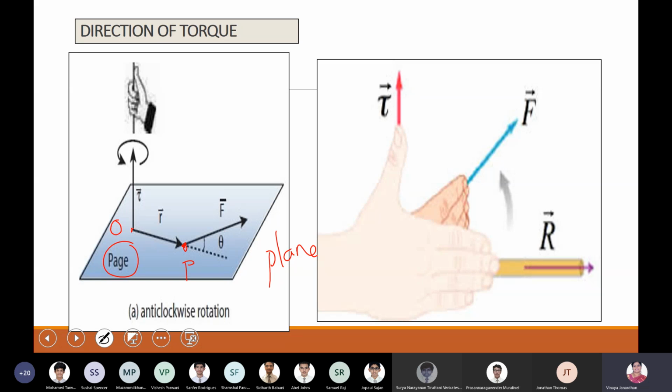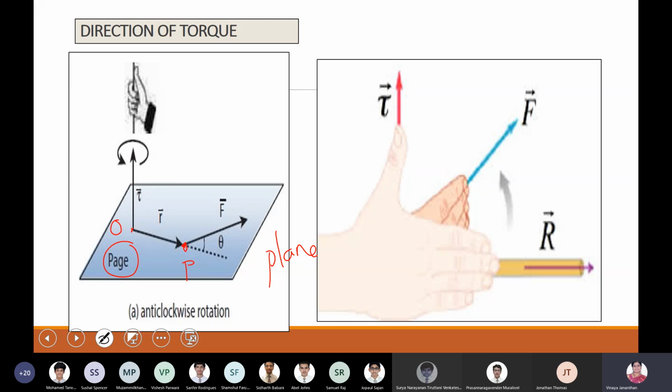Now you have a particle P which is rotating. I have a particle at point P, say of mass m, which is at a distance of r from the origin. Now you are applying a force on the particle.